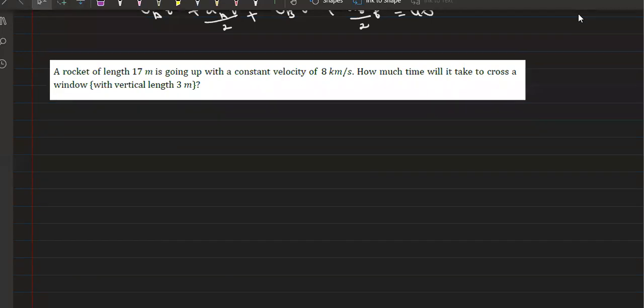Tell me, what should be the total distance covered by the rocket? Anyone?